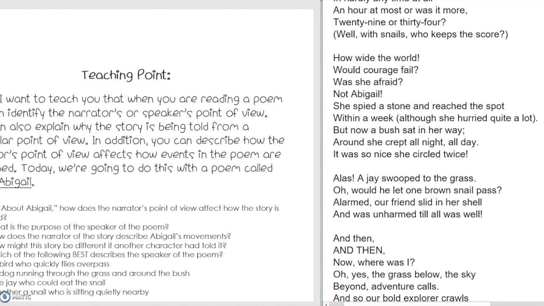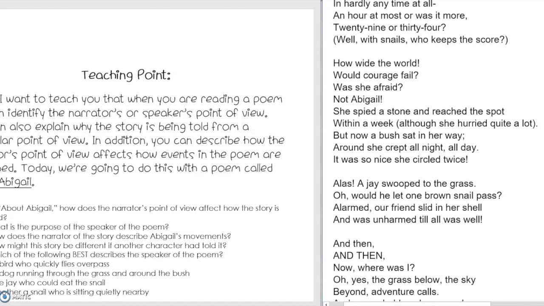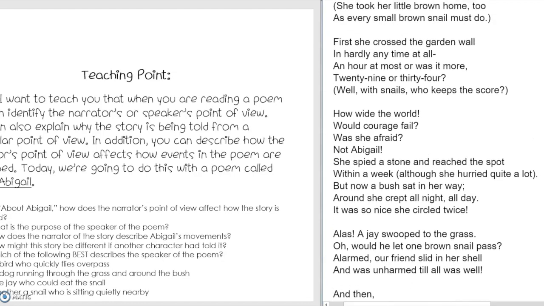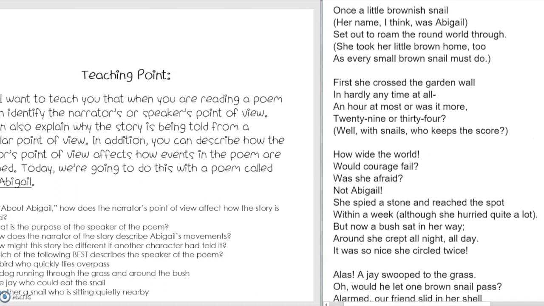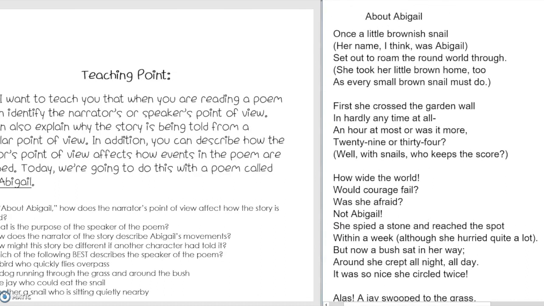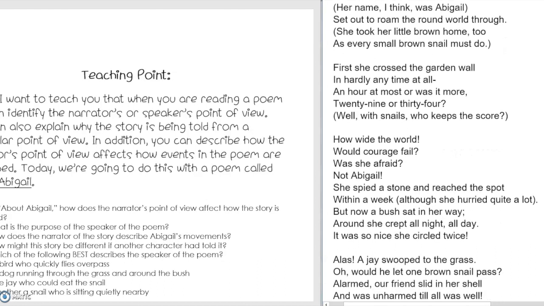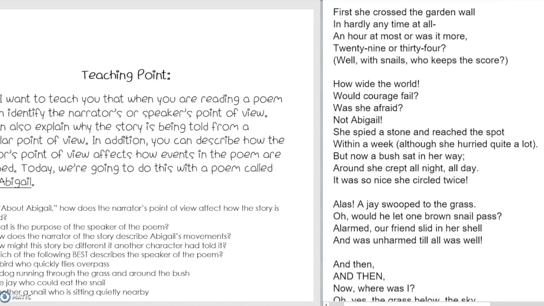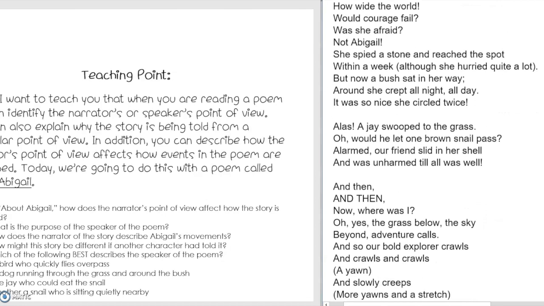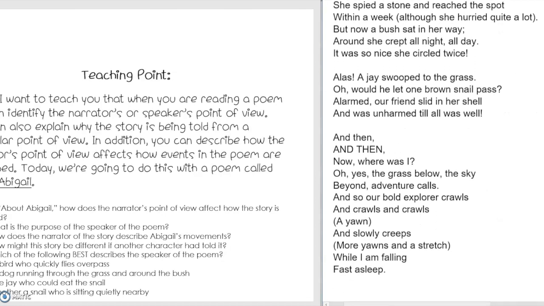Next, we have, how does the narrator of the story describe Abigail's movements? And I am telling you, there's spots in here where she really is very slow. We're able to tell because at the end, in our last stanza, we see that she crawls, and crawls, and crawls, and we've got a big yawn in there, and she slowly creeps, more yawns, and a stretch.